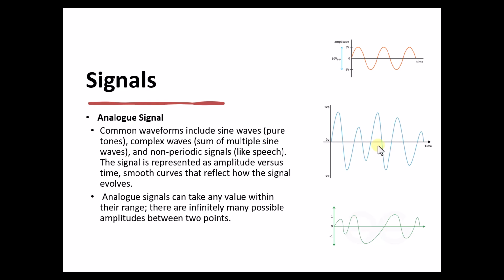The non-periodic signal is a signal that does not repeat itself at any point in time. You can see here that it is not periodic as compared to the first sine wave. So these are three forms of analog signals that we can have. The signal is represented as amplitude versus time, smooth curves that reflect how the signals evolve.